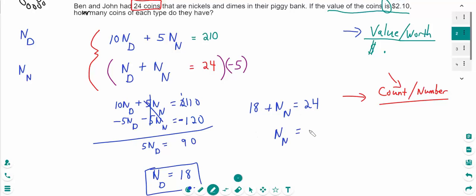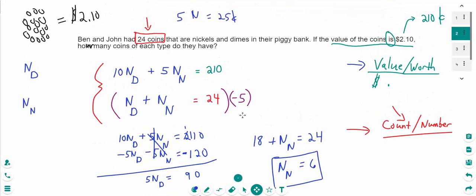So if we subtract 18 from both sides, we get n sub n is equal to 6. So we have 18 dimes and 6 nickels. All right, 24 coins altogether. And if you add those up, you'll get the value of $2.10.